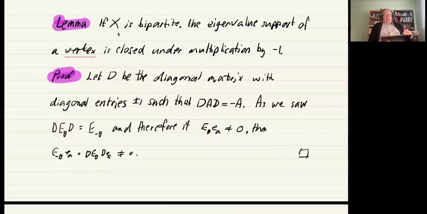What D is doing to the matrix is you've got this partition into the white vertices and black vertices, so you've got a 2x2 block matrix, and it's taking the off diagonal blocks and multiplying them by -1. And so you go from E theta to E minus theta without any particular problems. From that, you see that if E theta applied to e_a is not 0, then it follows that E minus theta applied to e_a is not 0. Now, you may need to stare at that one for a little bit, but it's okay.